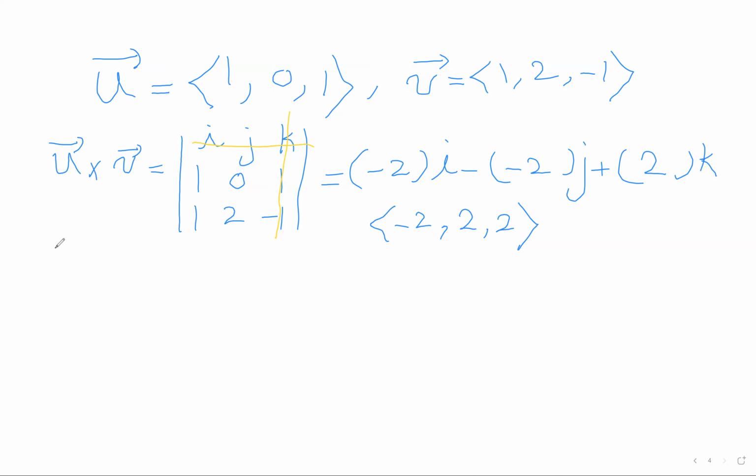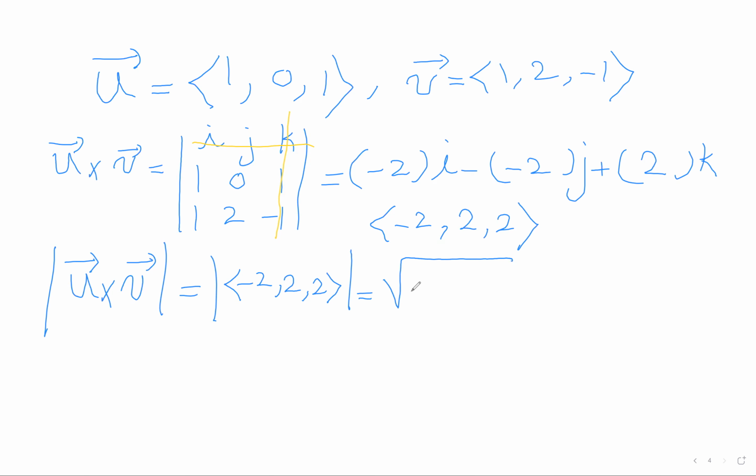So the length of U cross V, which gives me the area of the parallelogram, is going to be the length of this vector, -2, 2, and 2.